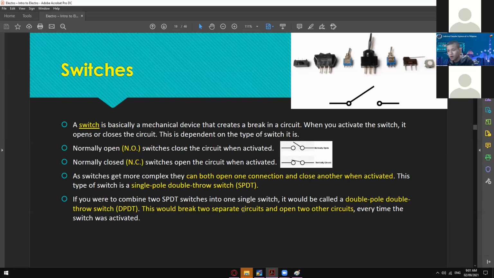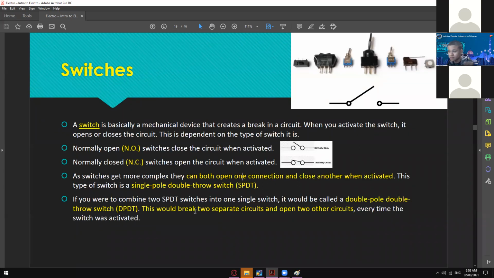If you turn off this one, it will turn on the other side of it. We call this one SPDT, or single pole double throw switch. It can both open one connection and close another when activated. And then you can also have two at the same time.